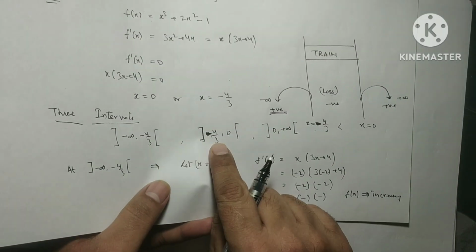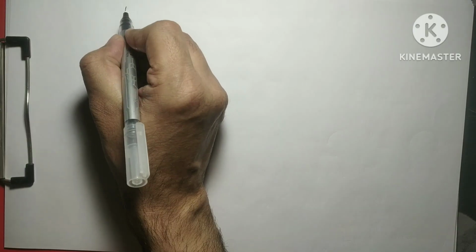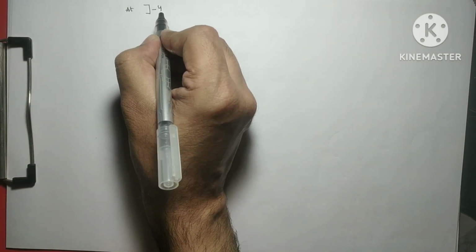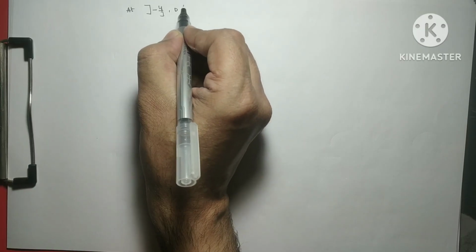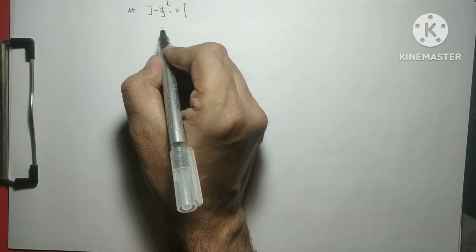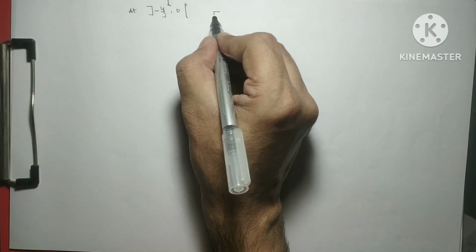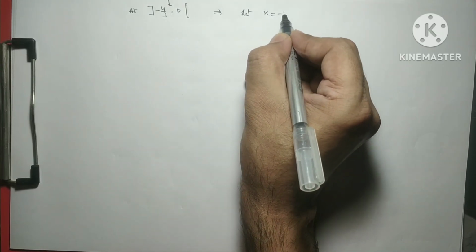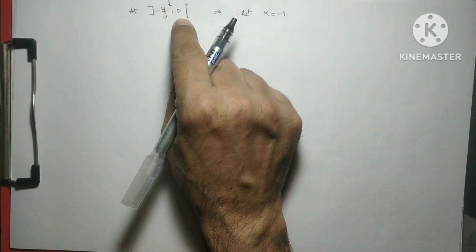So for getting the second interval, minus 4 by 3 to 0, we can pick a value like minus 1. So we are taking x as minus 1, in between these two values.